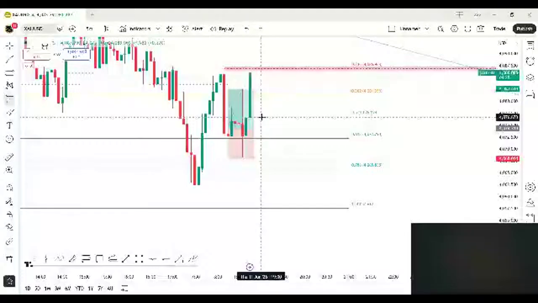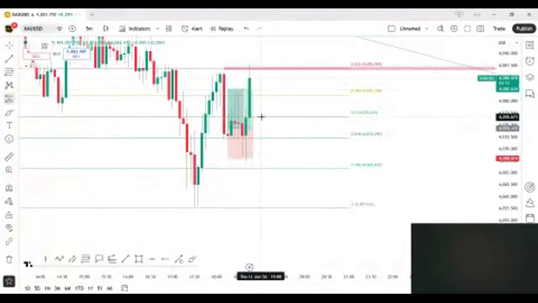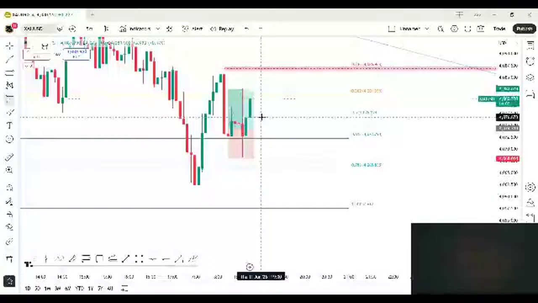We need to wait a little bit here. I have mentioned it in the group as well. Close the buys.